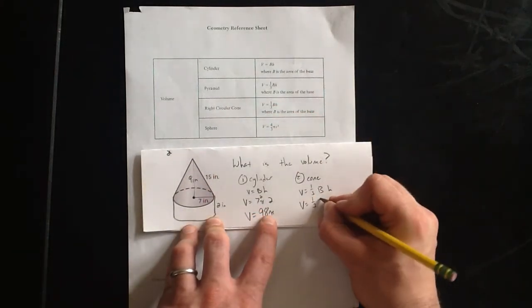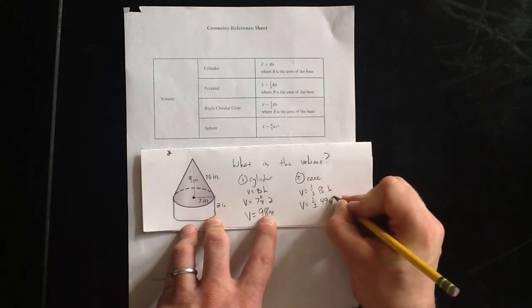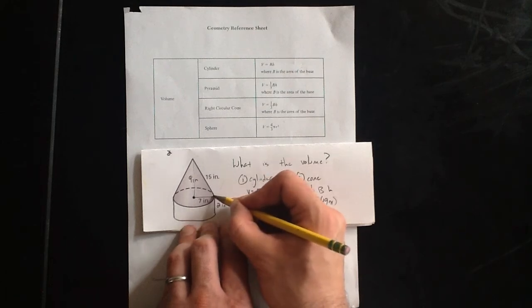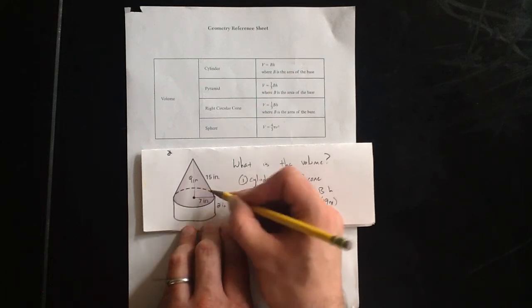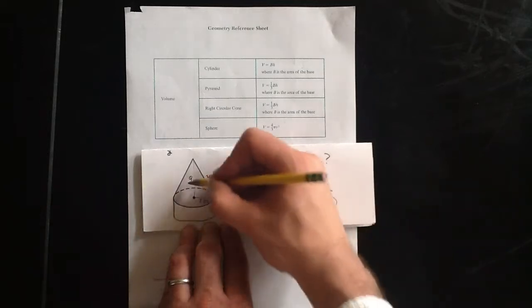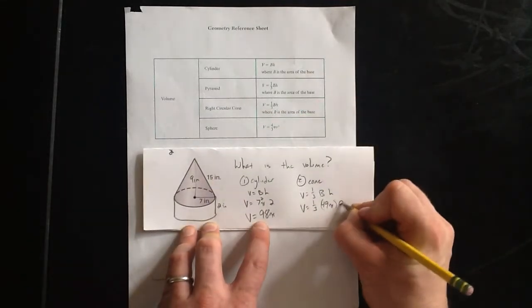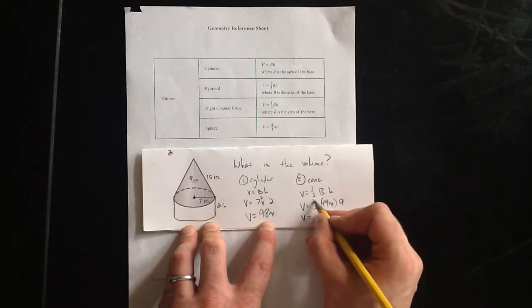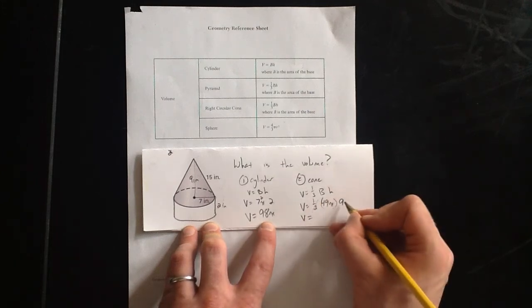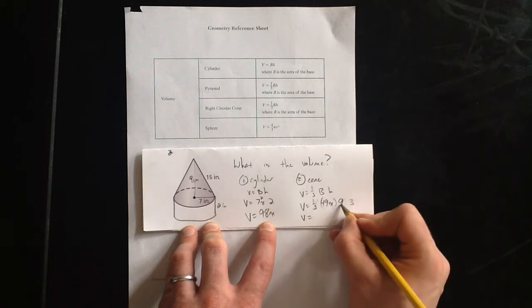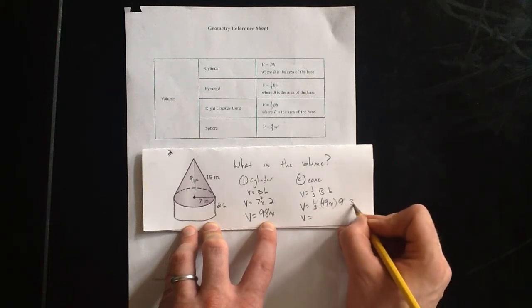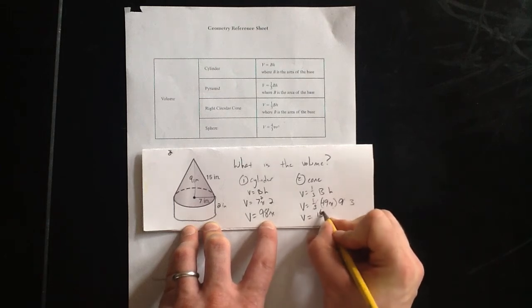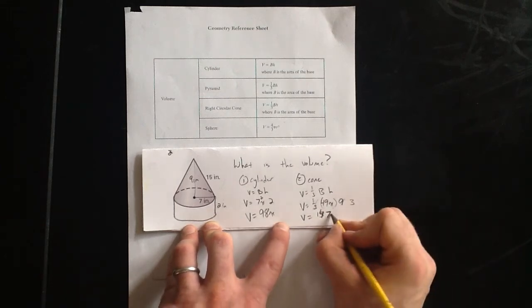So I'm actually just going to jump ahead and put in 49 pi. Because the radius squared, 7 squared, times pi, 49. Times the height of this cone, it's going to be 9. So this volume is going to be 1/3. I'm going to simplify this. 9 divided by 3 is 3. 49 times 3 is going to be 147 pi.